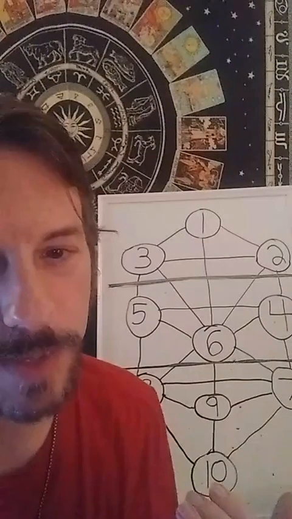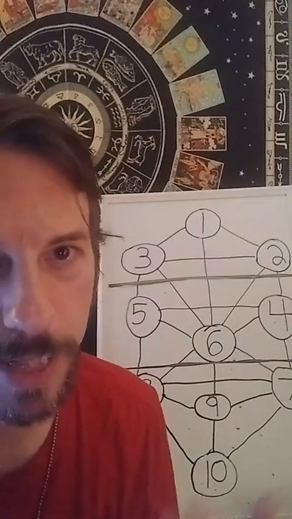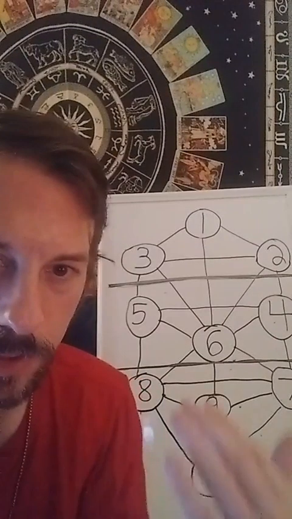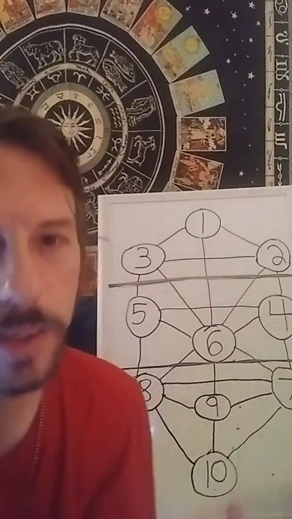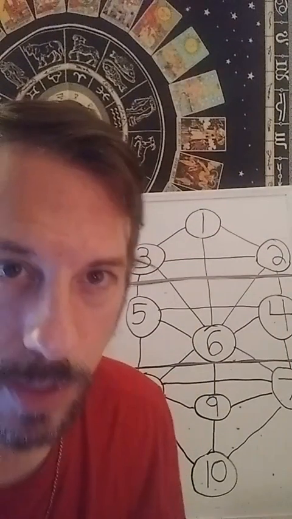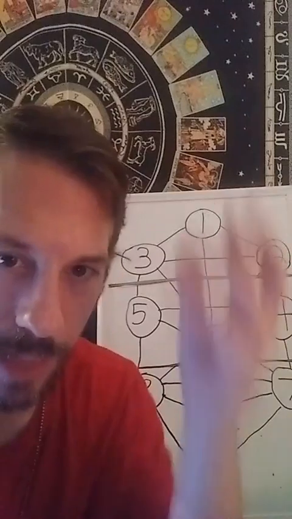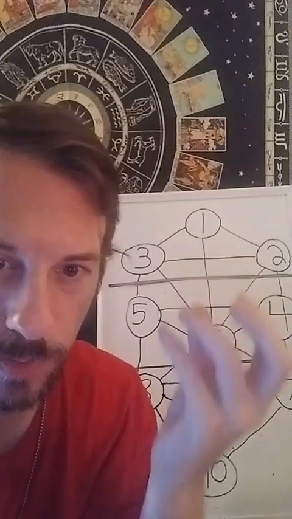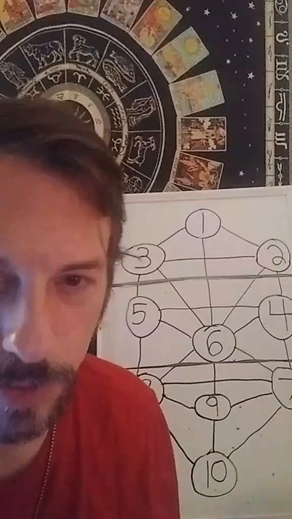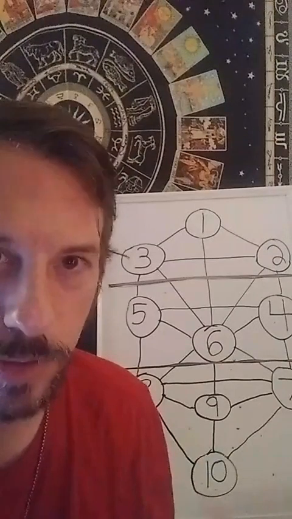So the pathway of initiation, or the spiritual path, or the path of return in the Kabbalah, is to move up the tree, to climb up Jacob's ladder, to use a metaphor, to unite with the divine. And in magic, to manifest reality is to pull down from the source to bring something into manifestation in the material world. Okay, so these are the two paths.